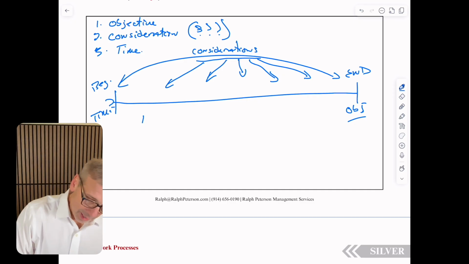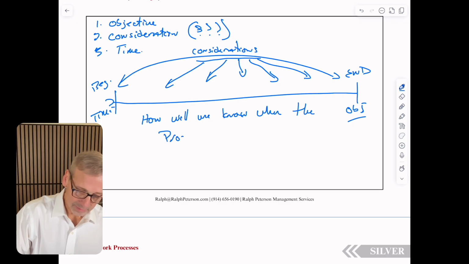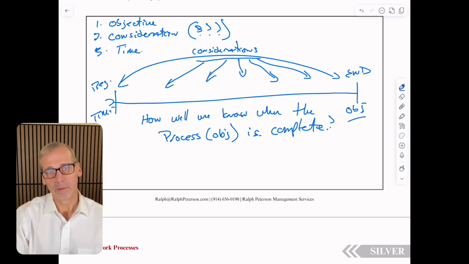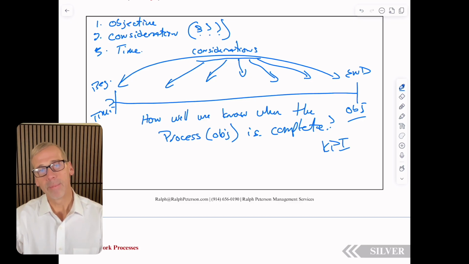Meaning, how will we know when the process, in this case the objective, is complete? That is the entire point of a key performance indicator, a KPI. How do we know?